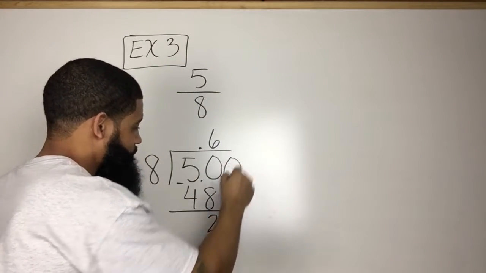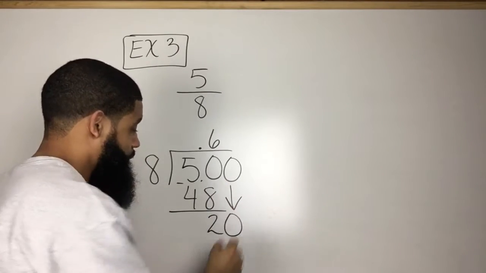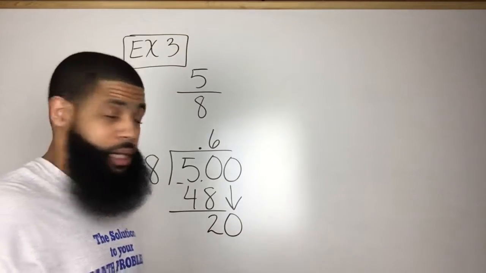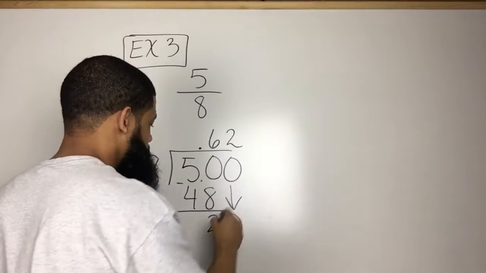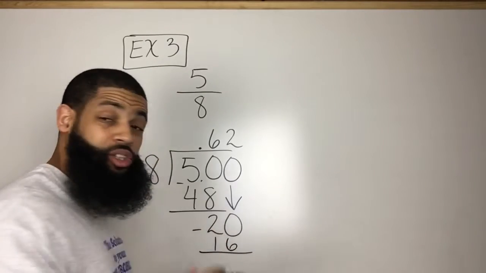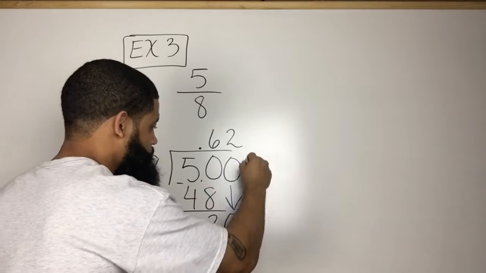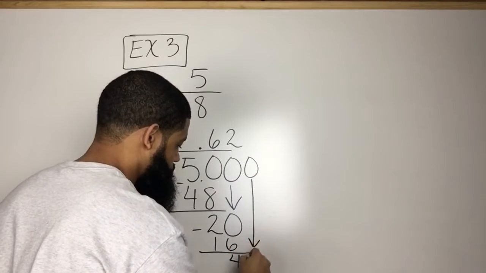We can add a 0 there and bring it down. And 8 goes into 20 2 times. So we put our 2 here. 8 times 2 is 16. And we subtract. 20 minus 16 gives us 4. And then once again we can bring a 0 down.